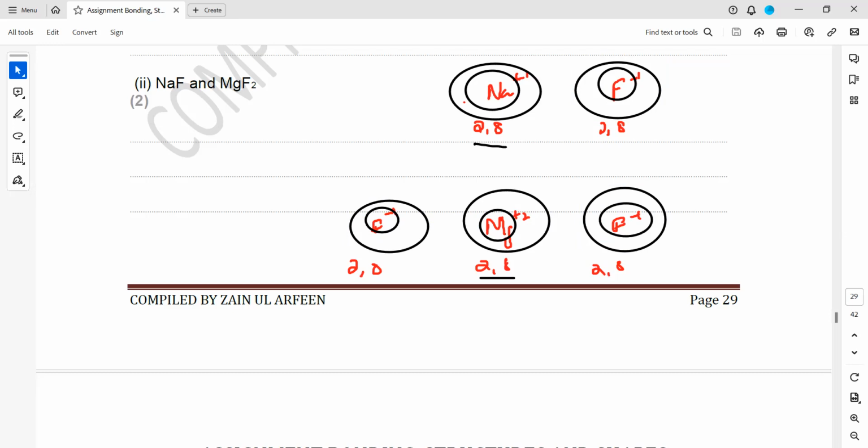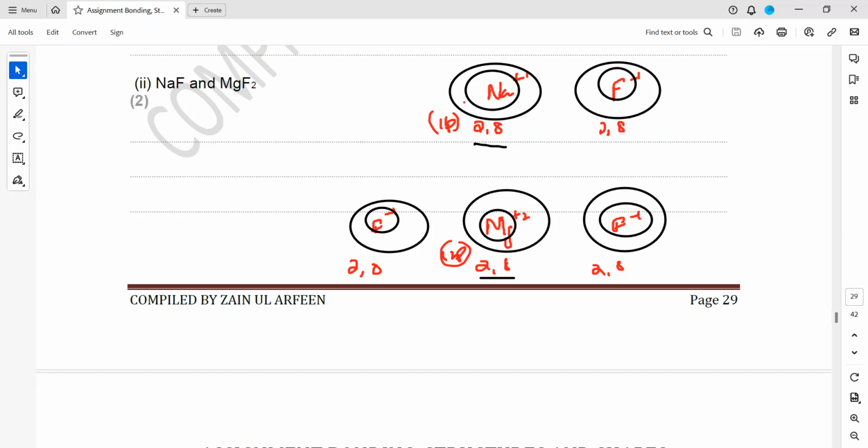Sodium is having 11 protons, whereas magnesium is having 12 protons. So 12 protons are attracting those 10 electrons. Here 11 protons are attracting the 10 electrons. So as a result, the magnesium 2+ ion will be smaller than sodium. And the magnesium 2+ ion is small, and it has a greater charge as well.